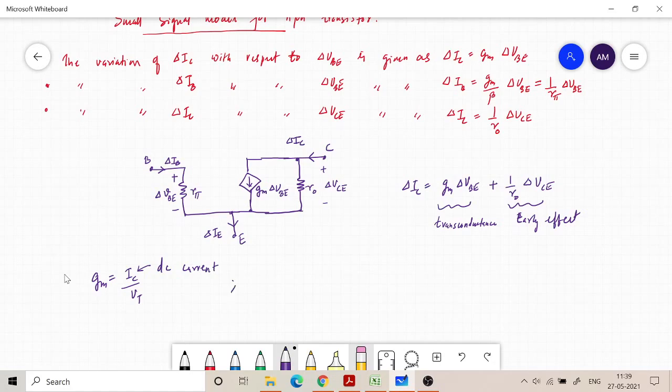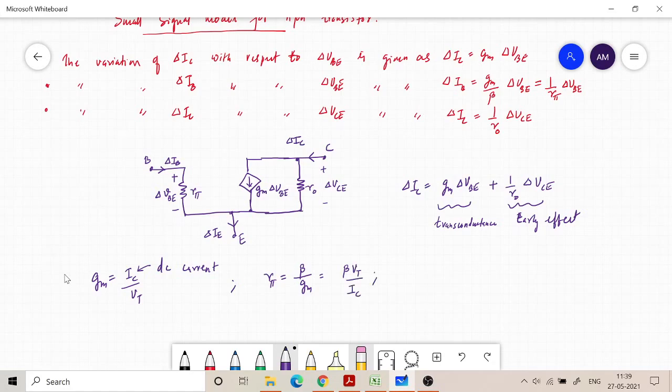And R pi is beta divided by GM, which is in turn equal to beta VT by IC.